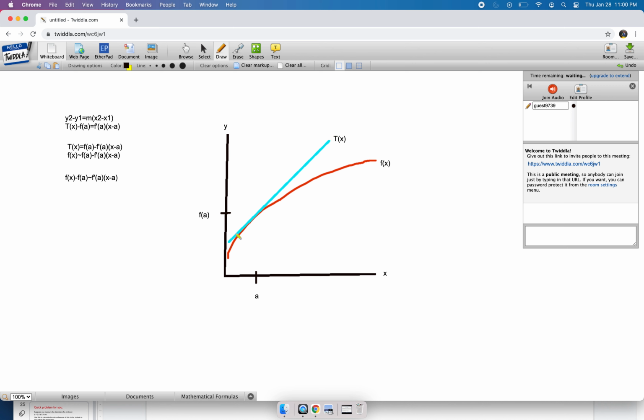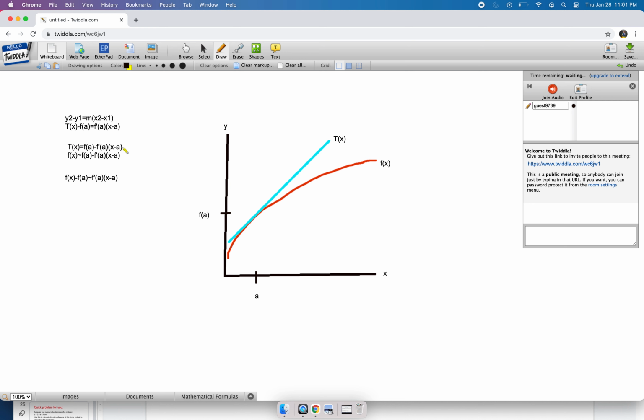Let's first get the equation for this tangent line using point-slope form. Remember point-slope form: y2 minus y1 is equal to m times x2 minus x1. So the equation of this tangent line, with the second point being t of x and the first point being f of a, equals the slope, which is the derivative of f evaluated at a, times x minus a. Then let's add f of a to both sides, so we have the equation for this tangent line.